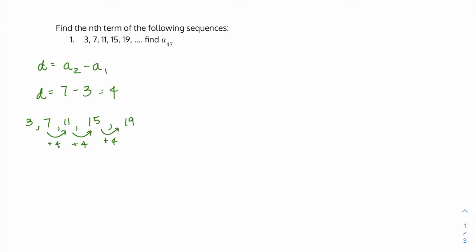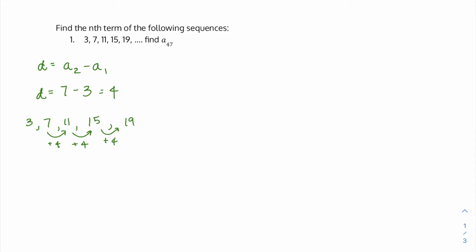So we can see, yes, this is arithmetic and it has a common difference of 4. This is not something you need to show on your paper in terms of showing work. You can do it in your head to determine that it's an arithmetic sequence.